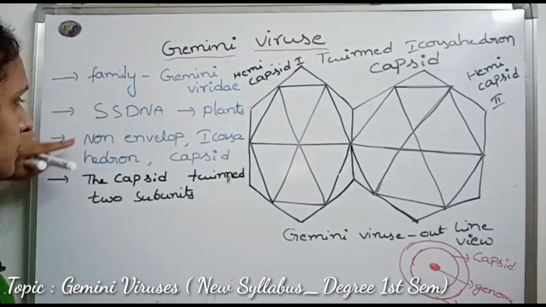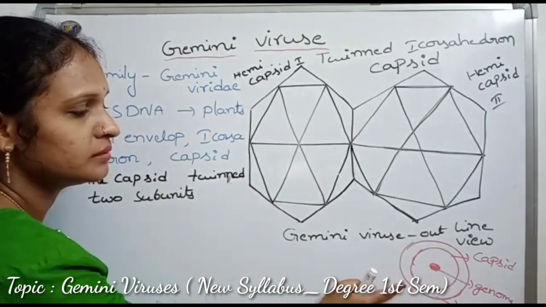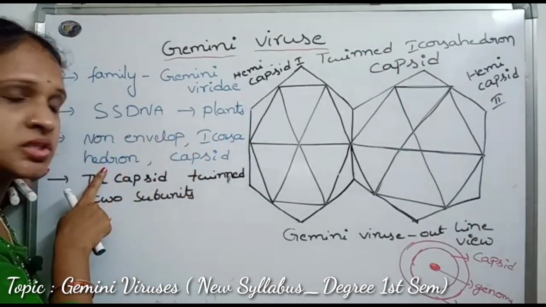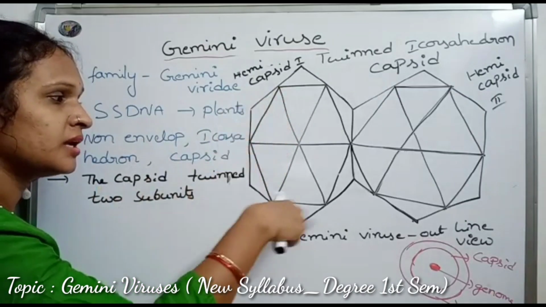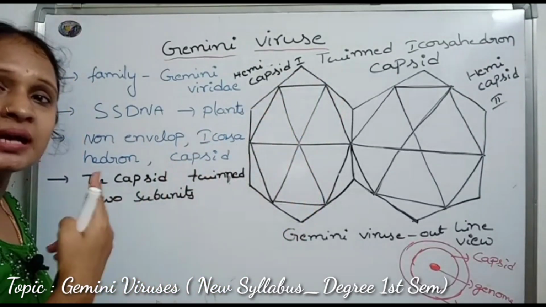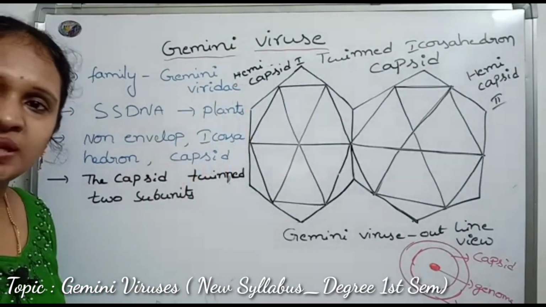Once again, non-enveloped means the additional layer around the capsid, the envelope layer, is absent, and the virus appears like an icosahedron and consists of a surrounding capsid. This capsid is twinned, meaning it consists of two subunits. That's why it has the name Gemini viruses.